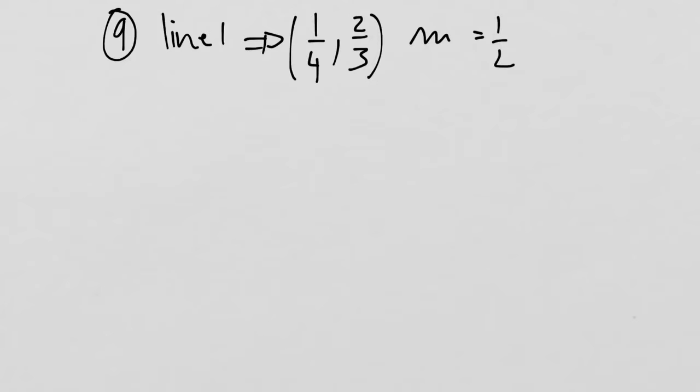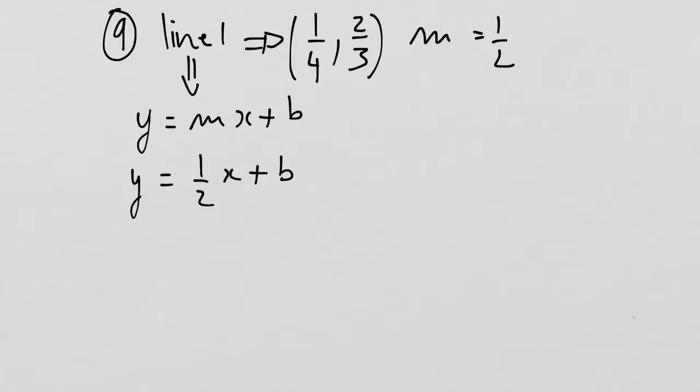Because it's a line, I'm going to repeat that: I'm supposed to have y equal mx plus b. Because they are giving you m equal 1 over 2, y equal 1 over 2x plus b. And to find b, I'm going to use this point by plugging in y and then x.